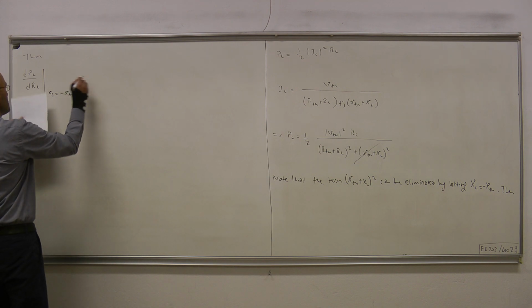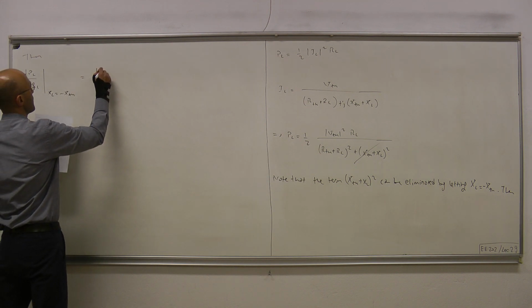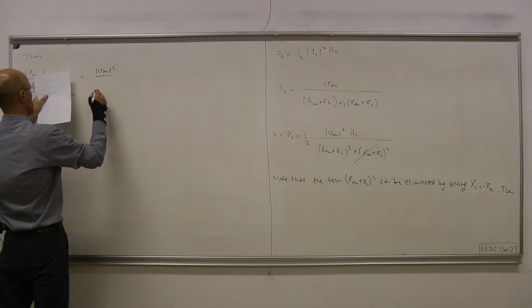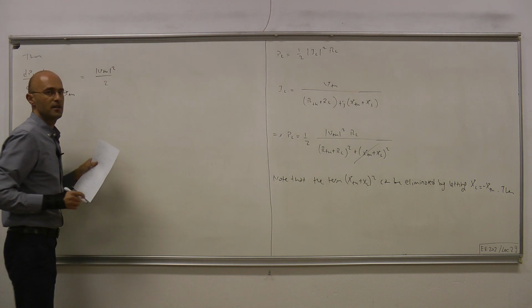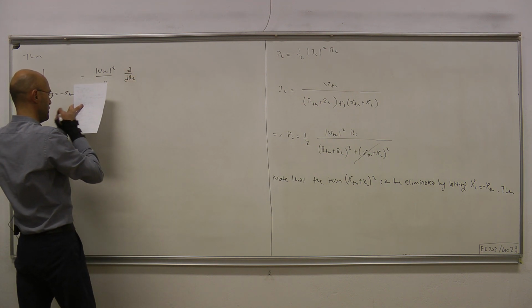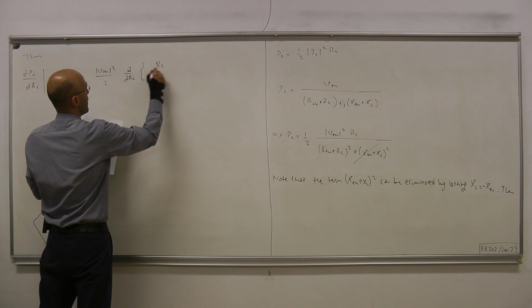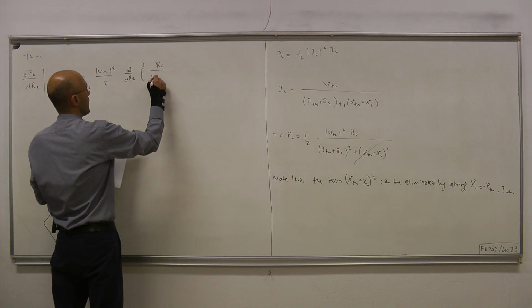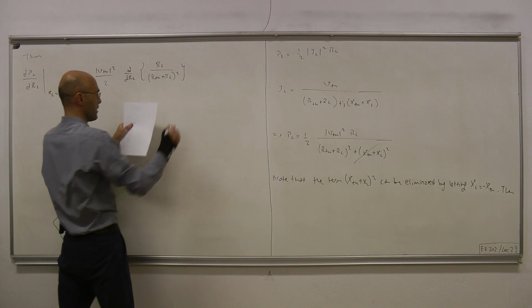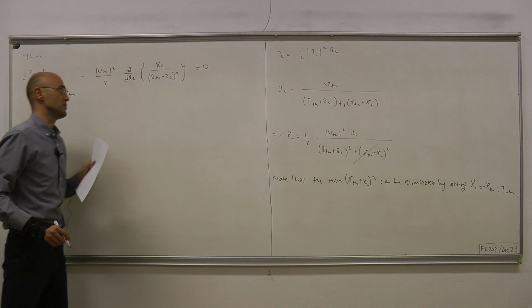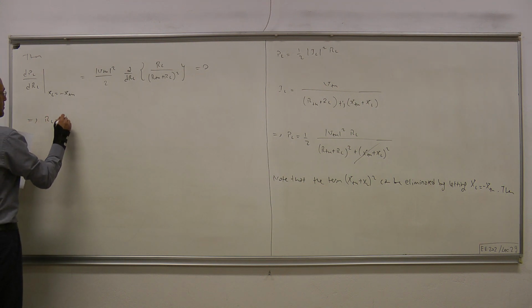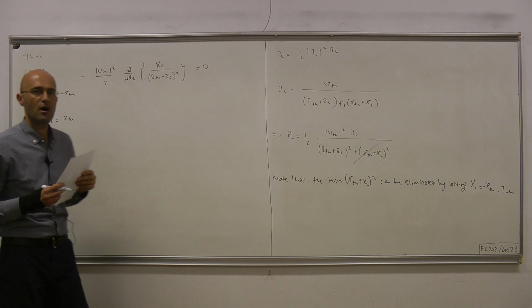Evaluating this derivative, we have V Thevenin magnitude squared. We can take it outside differentiation, and we differentiate RL over (R Thevenin plus RL) squared with respect to RL, and equate this to 0, and this yields RL should be chosen equal to R Thevenin.